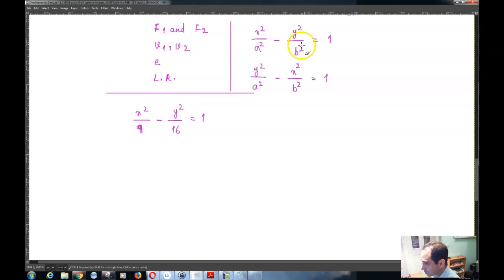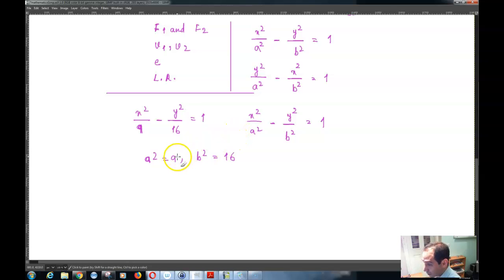So that means that it's this first equation over here. So I can compare this equation to this equation. I can write x squared by a squared minus y squared by b squared is equal to 1. And if I compare here, I can see that a squared is equal to 9, and b squared is equal to 16.